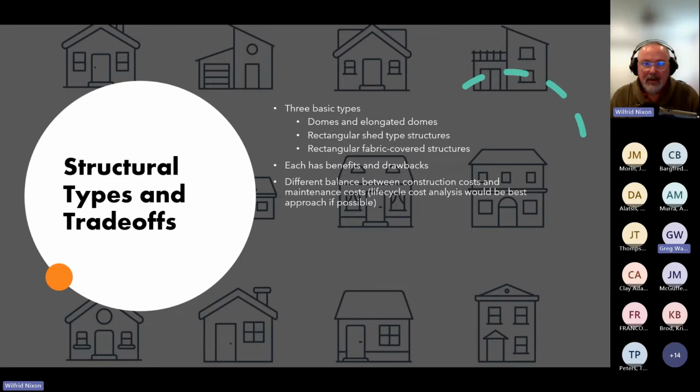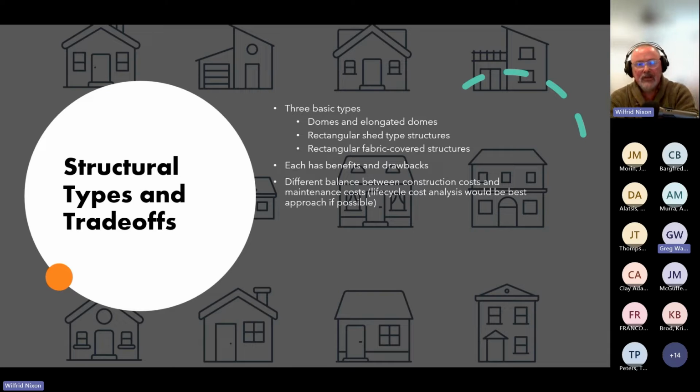In terms of the structural types and trade-offs, there are three basic types. You can have domes, or in some cases, people use elongated domes. An elongated dome is, in essence, a variation of a rectangular shed-type structure. The rectangular shed-type structures have regular roofing. An alternative to those is a rectangular fabric-covered structure.